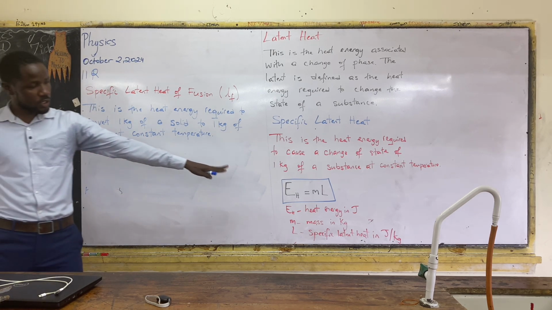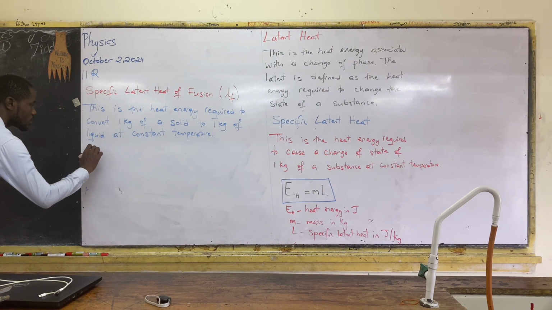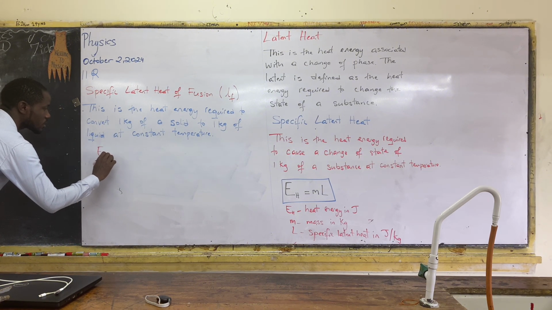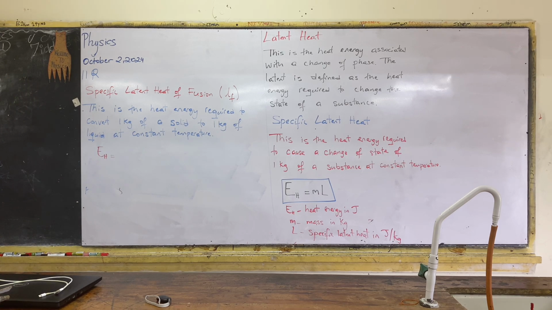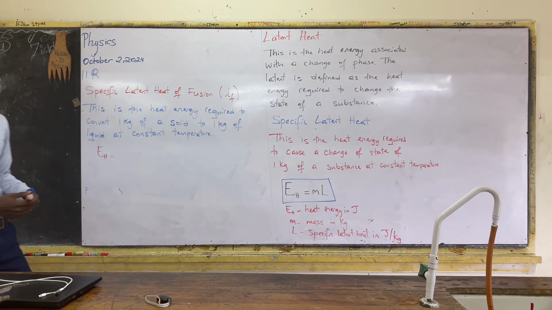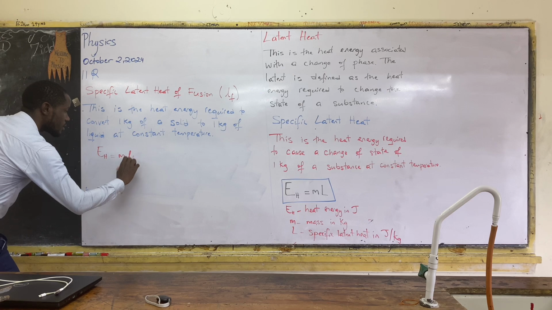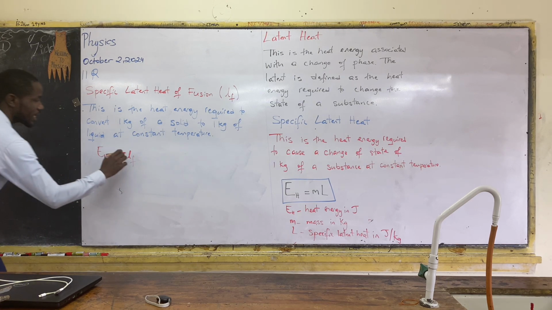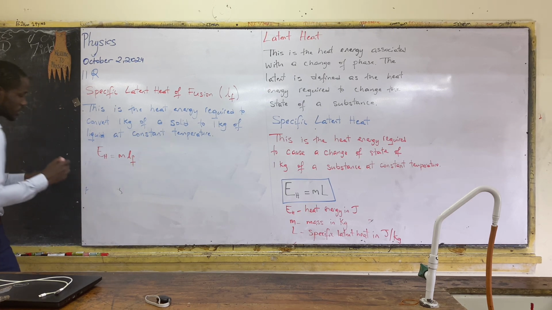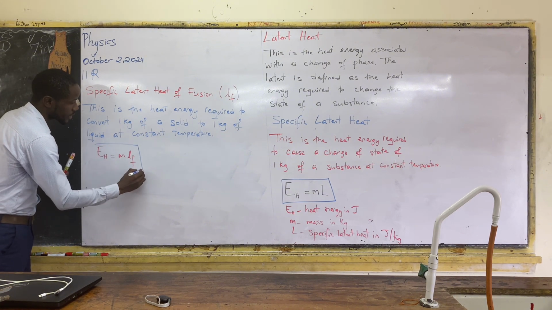And we can write an equation in the form of this over here for this one. So we get EH is equal to what? M L F, where LF simply stands for the specific latent heat of fusion. So this is our expression right here.